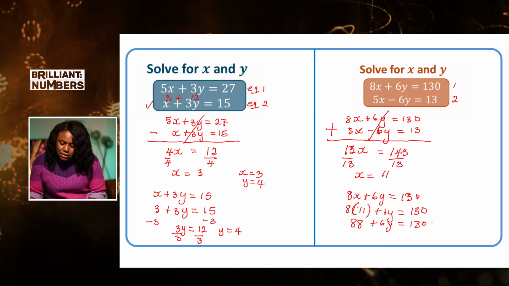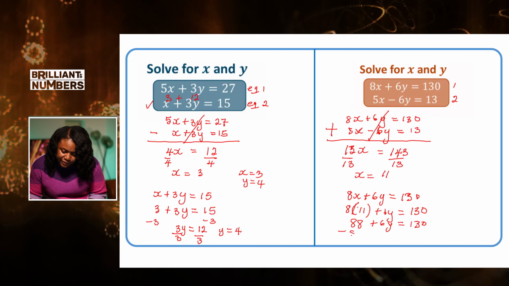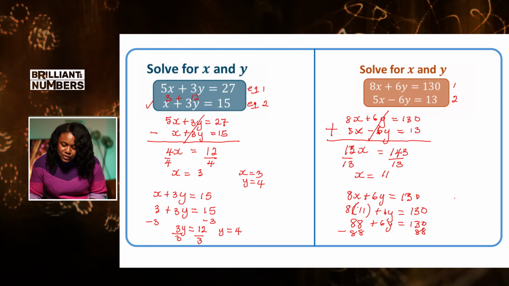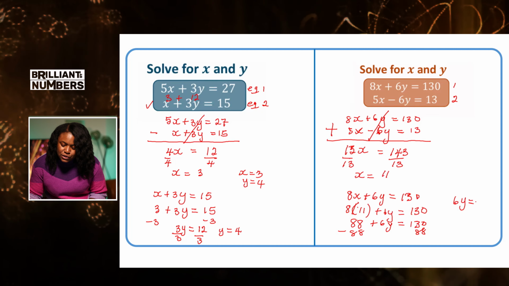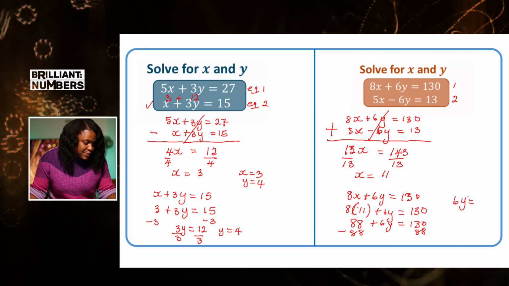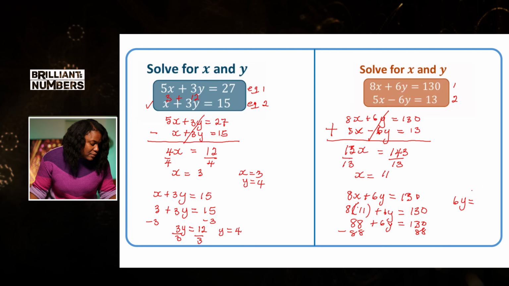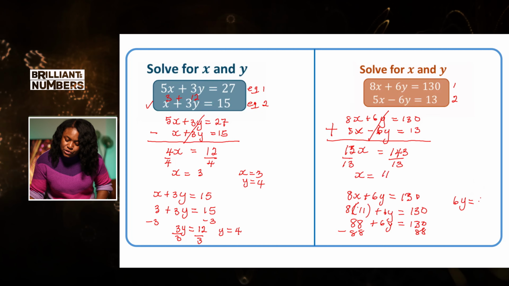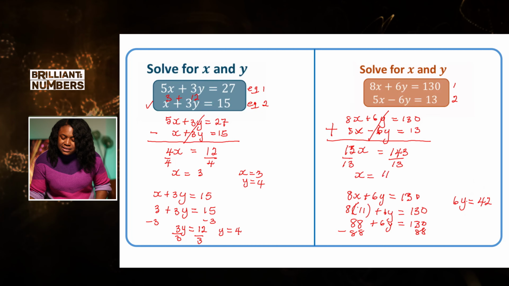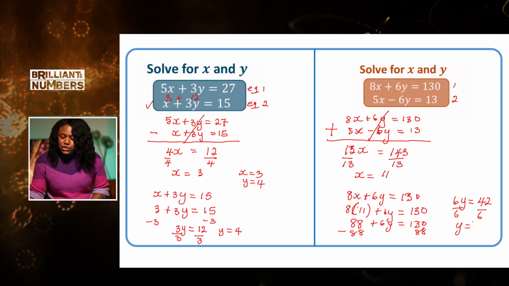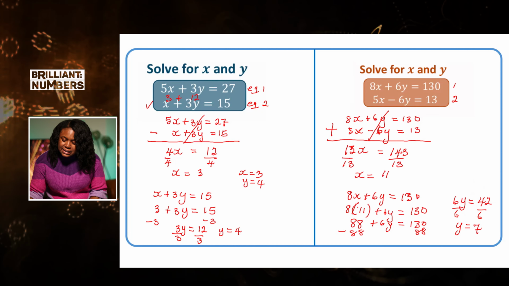Now I need to subtract 88 from both sides. So I've got left 6y equal to 130, take away 88. We can just put that in our calculator, and that gets us to 42. We then need to divide by 6, and so 42 divided by 6 gives us 7.